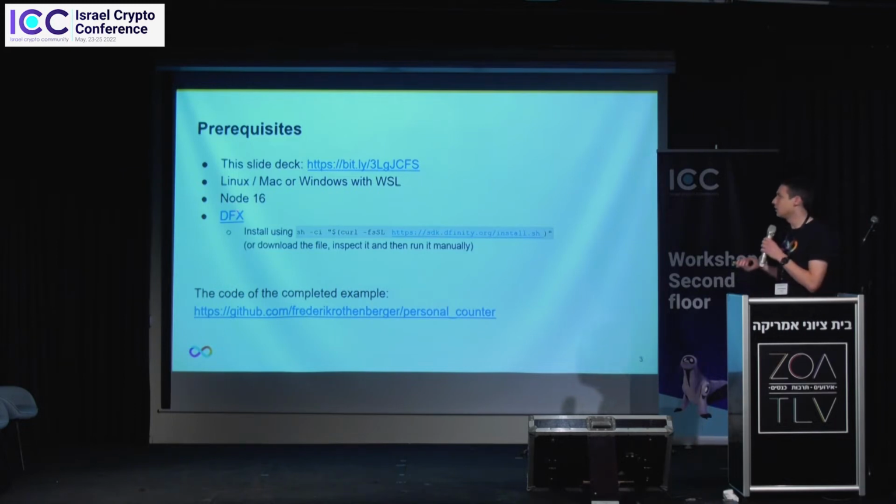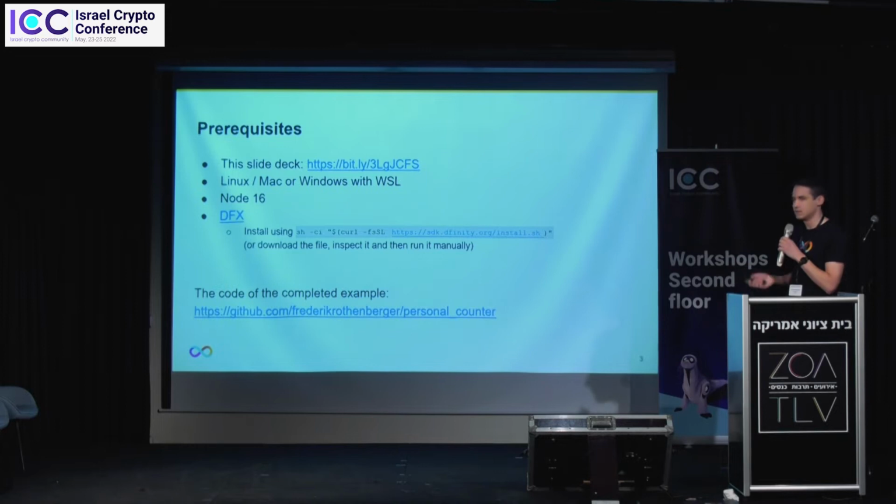Then we rely on Node 16 for the front end, and then you also have to install DFX, being our SDK command line tooling. You can install this by just executing this command, or if you don't like piping any random script into your shell directly, you can just download the file, inspect it, and then execute it. And of course, all the code that we're going to write in this workshop is available on GitHub as well.